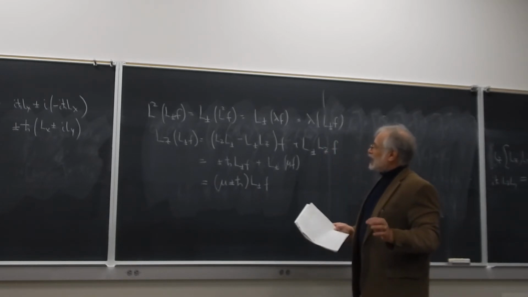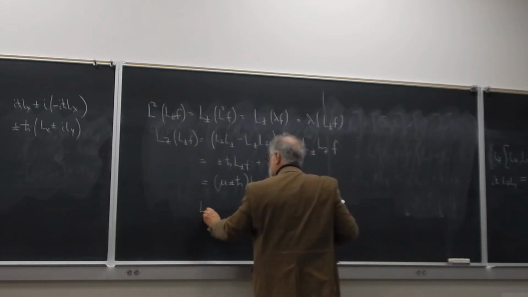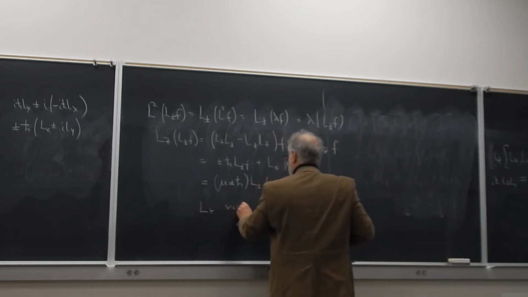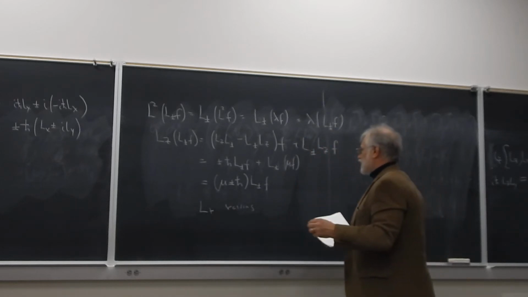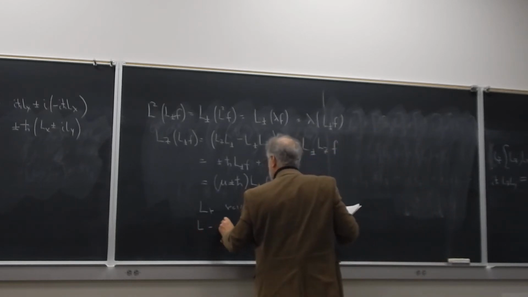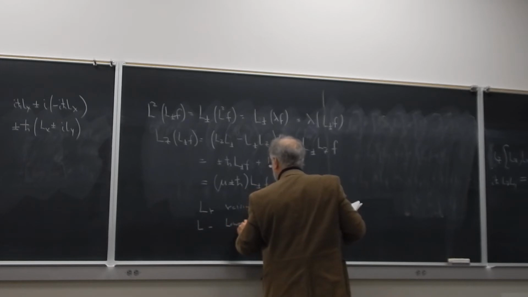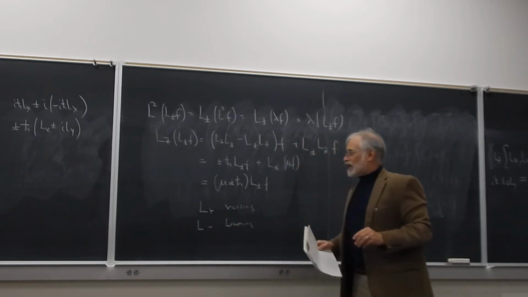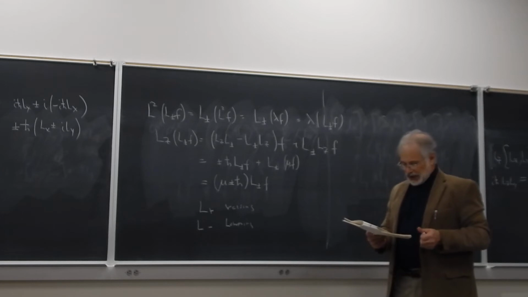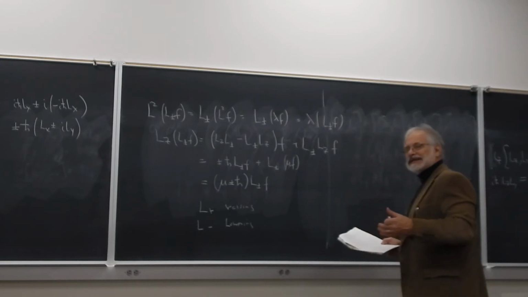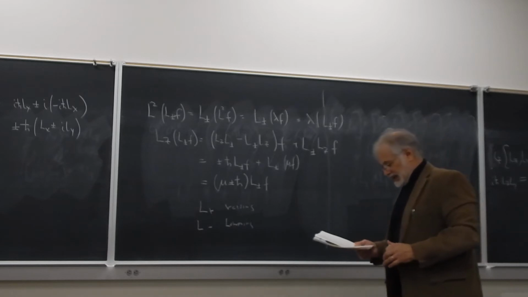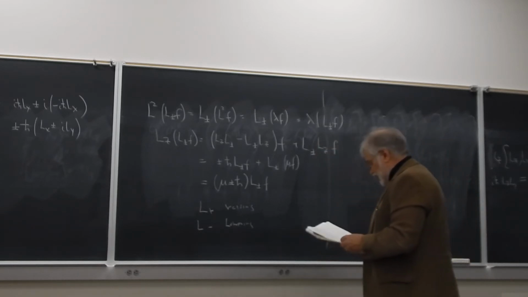In that sense, we can look at L plus as a raising operator. It raises the eigenvalue from mu to mu plus ħ. L minus then, of course, is a lowering operator because it lowers the eigenvalue from mu to mu minus ħ. Very interesting. Kind of reminds us of that algebra method with the harmonic oscillator.